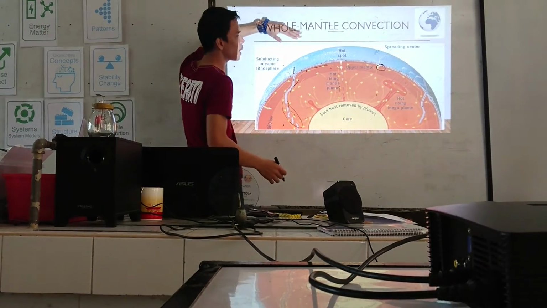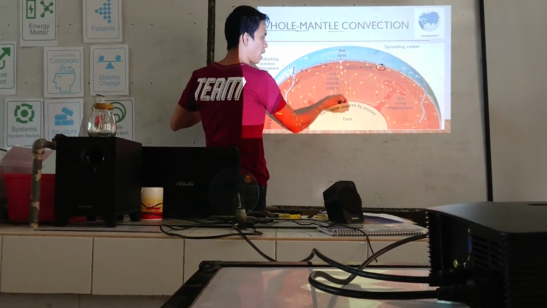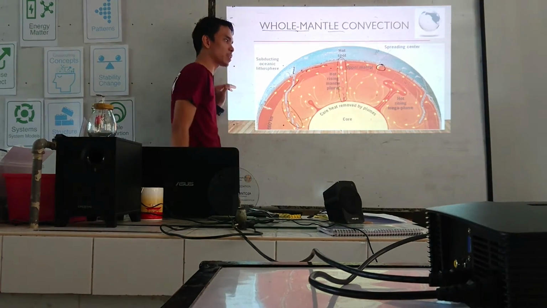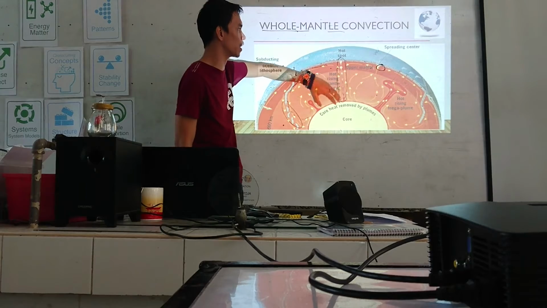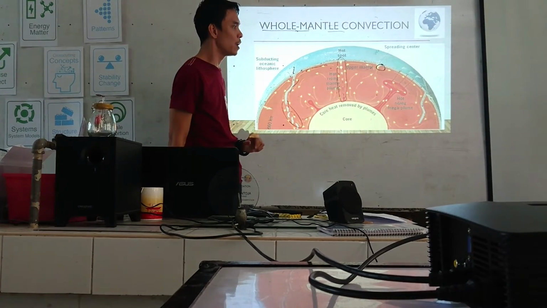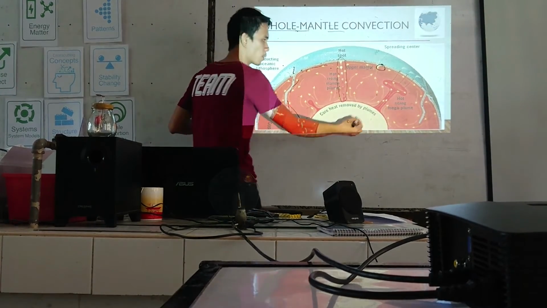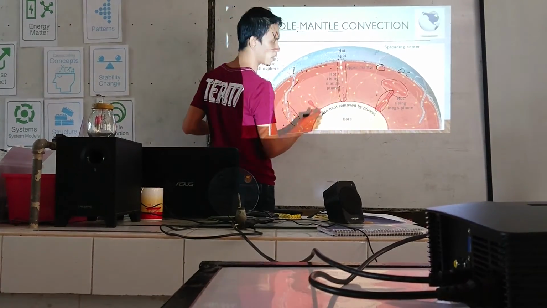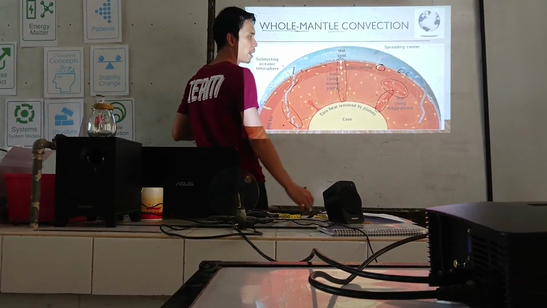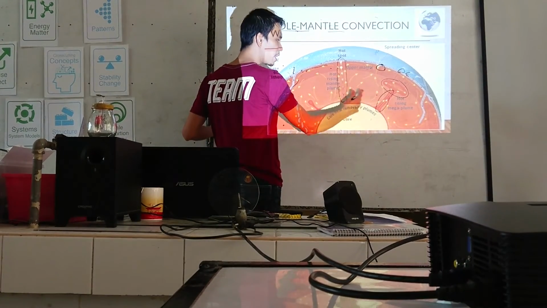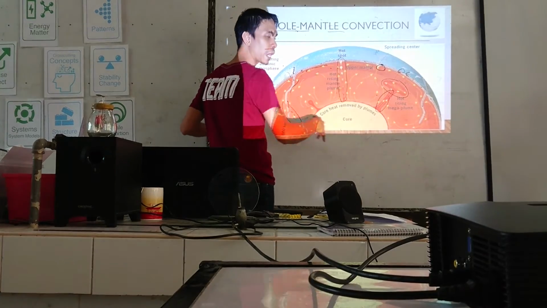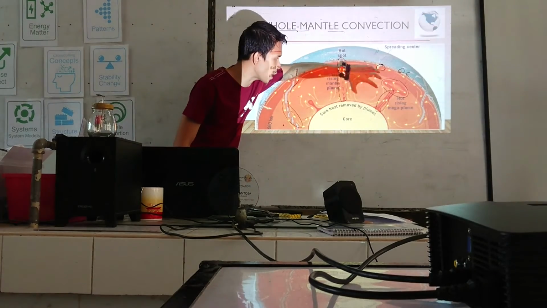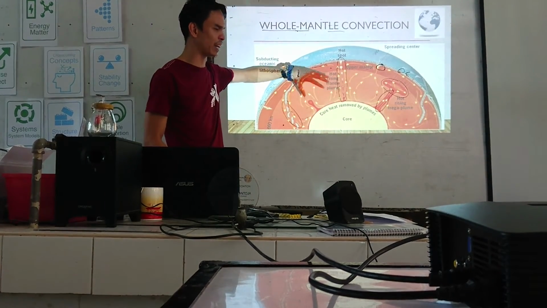In this whole mantle convection, it explains that the heat coming from the mantle plume is the one that triggers this convection pattern that we have over here. As you can see, there is another mantle plume on this side, producing a hotspot volcano in that area. The heat coming from the mantle plume drives the convection pattern over this region in the layer of the Earth.